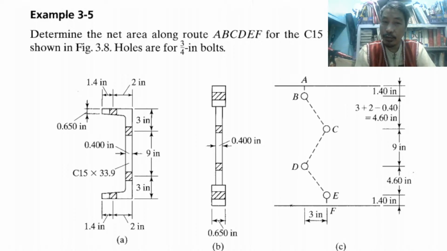Recall, S section is when the flange part does not have the same thickness all throughout the flange portion. As you can see, the flange portion doesn't have equal thickness. The thinnest part is on the edge of the flange, and the thickest part is on the center of the flange.